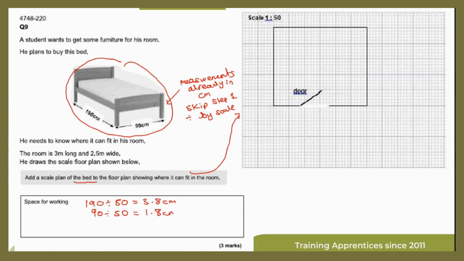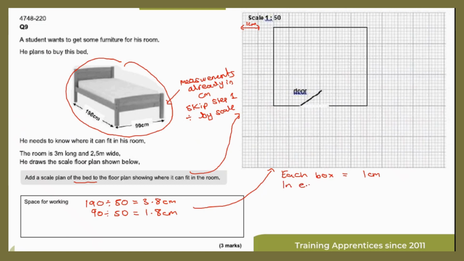1.8 centimetres. Now, as you can see on our paper, we have mini lines on our graph paper. So an entire line here is 1 centimetre. And we have now got 3.8 and 1.8, and we're not going to guess. We're going to do this accurately. So what you're going to do is you're going to look, each box is 1 centimetre, and there are 5 mini lines. So each box equals 1 centimetre.